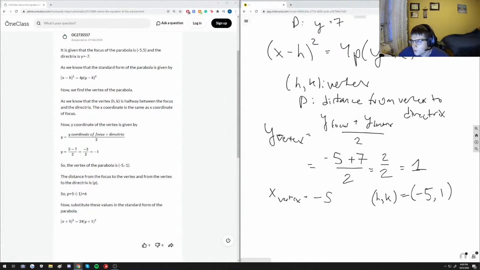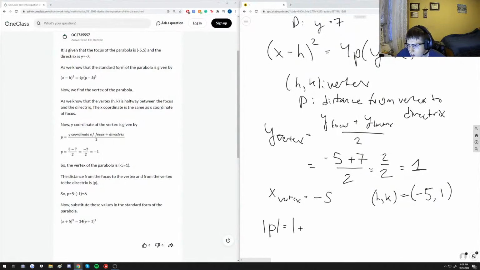And now the only thing that's really missing is our p. P is the distance from the focus to the vertex. That is found by taking the y coordinates and subtracting them, taking the absolute value because we want the actual distance to be positive.